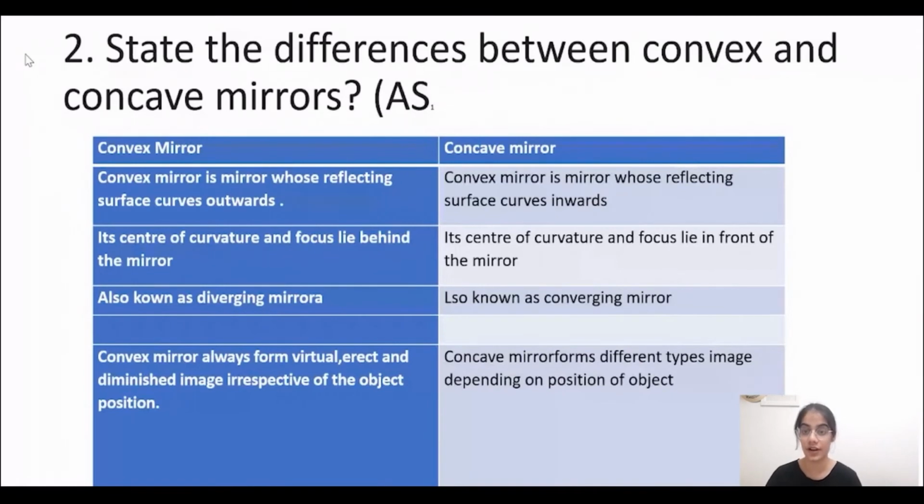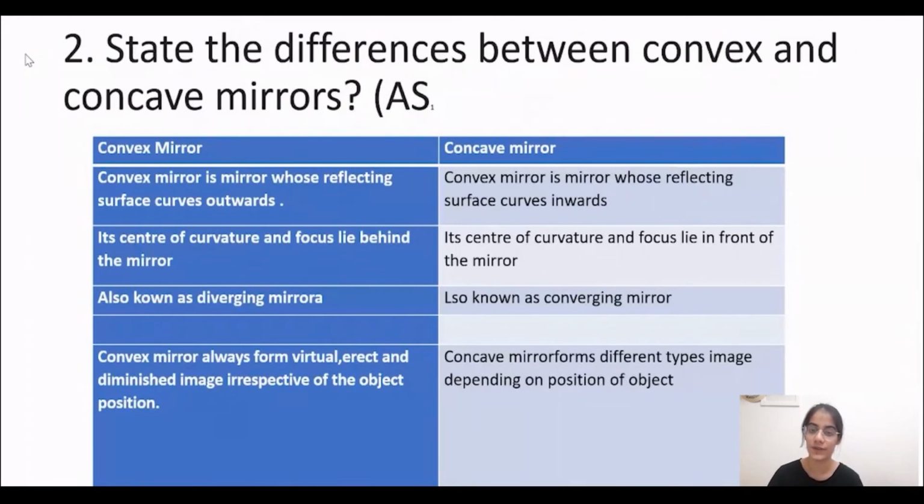Center of curvature and focus lie in front of the mirror in case of a concave mirror. Now, a convex mirror is also known as a diverging mirror, and a concave mirror is also known as a converging mirror. Why? Because in case of convex mirrors, light after reflection diverges and does not meet at a certain point, while the opposite is true for concave mirrors. Light after reflection meets or intersects at a certain point or passes through a point.